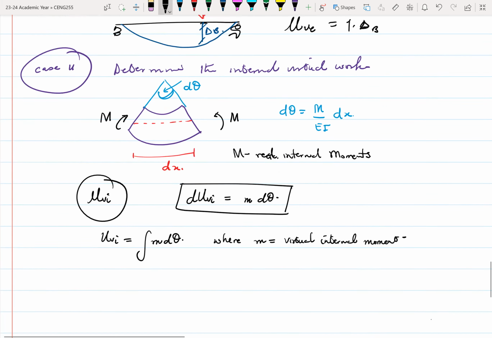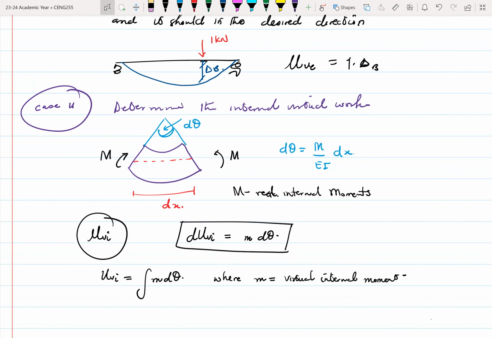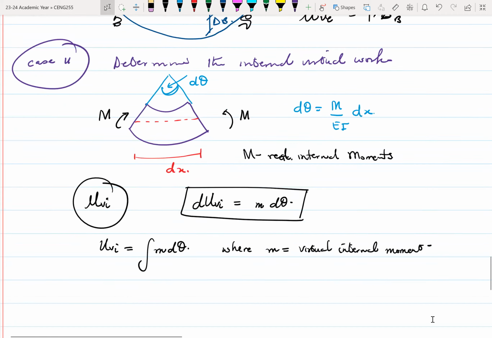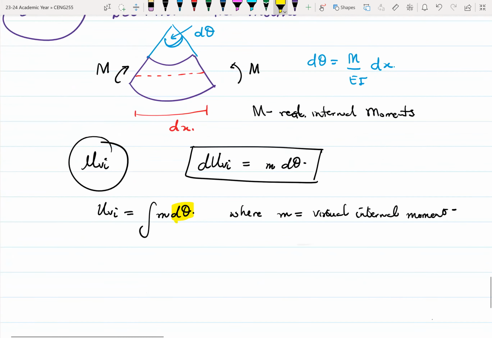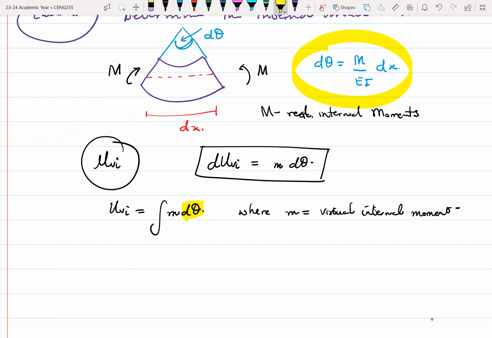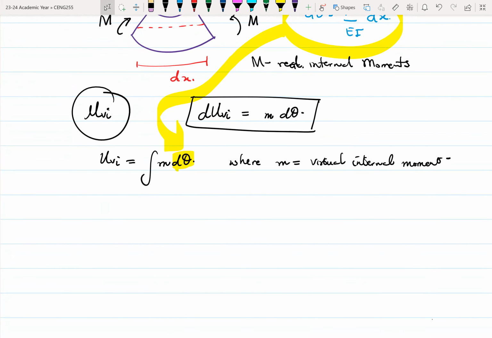But because usually you are integrating over a length and not with respect to rotation, it means that we have to write the theta here in terms of x or distance, all right? So we take this equation and replace the theta by that equation.